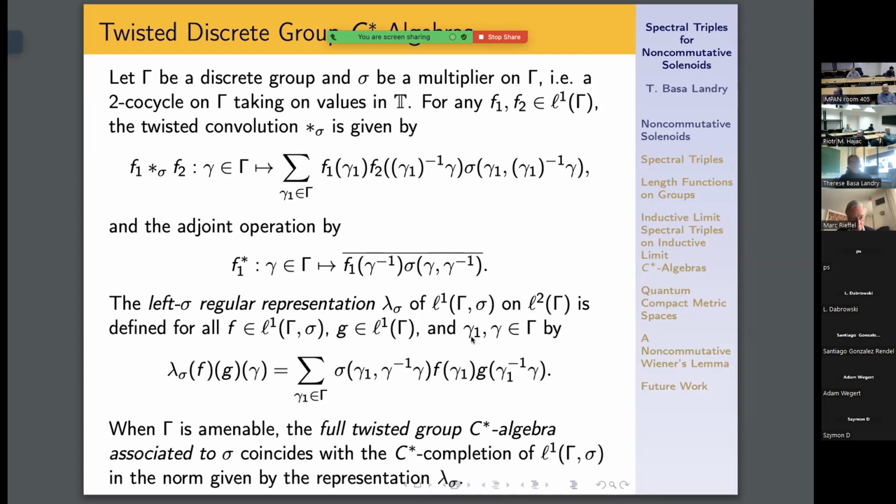In the case when the group is amenable, like it is in our setting, the full twisted group C-star algebra associated to this multiplier coincides exactly with the C-star completion of the twisted L1 functions in the norm given by this representation.